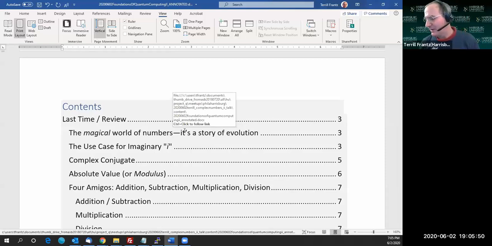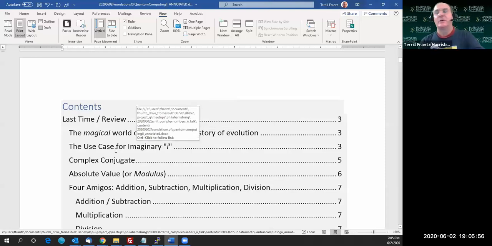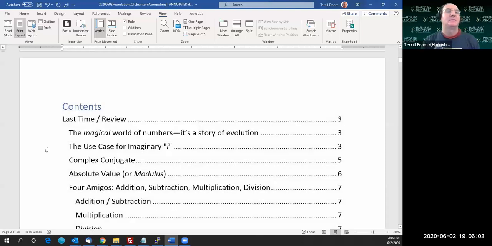I don't know how it'll go, but the idea in this series of talks is to take someone who has gone through high school and may not have gotten the math that is necessary for quantum computing.